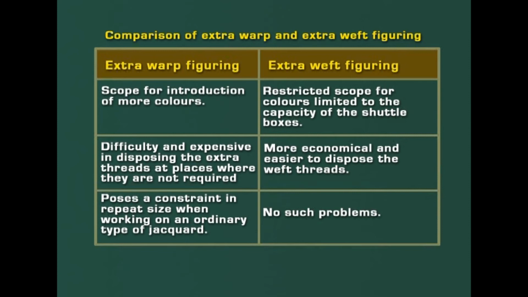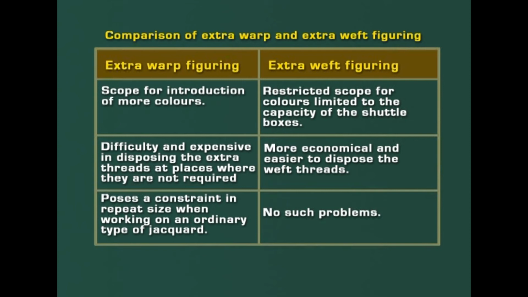In warp figuring, there is more scope for getting more colors, whereas in weft figuring you will be able to get few colors, there is no doubt, but they are limited to the capacity of the shuttle boxes that are being utilized for this purpose.